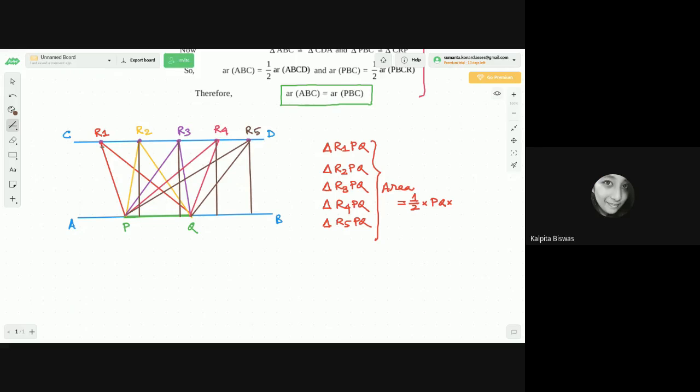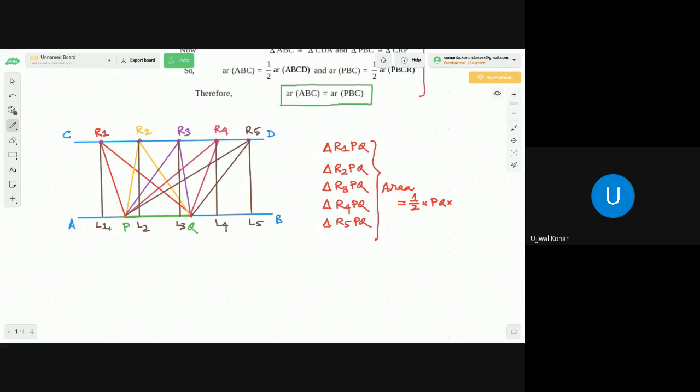And from R1 to PQ, it should be like this, correct or not? Now, whatever vertical lines I have drawn in black color, their lengths are equal to each other, right? If I take the foot of this perpendicular on the line segment AB, suppose it is L5, it is L4, it is L3, it is L2, and it is L1.